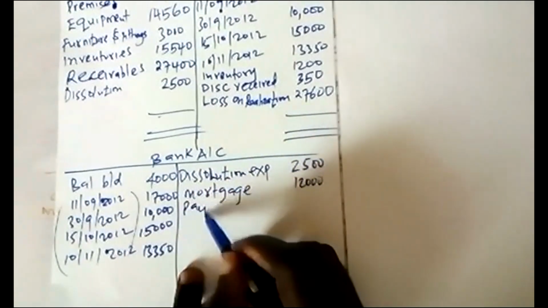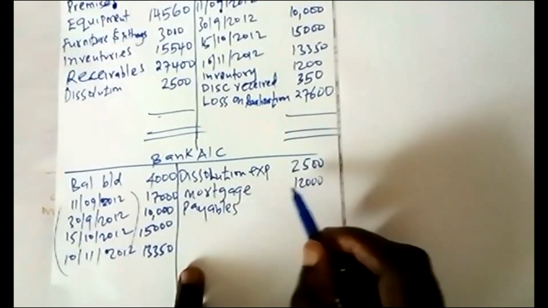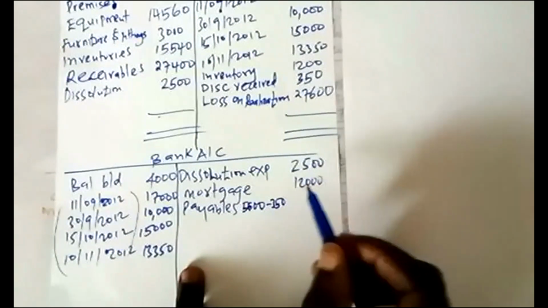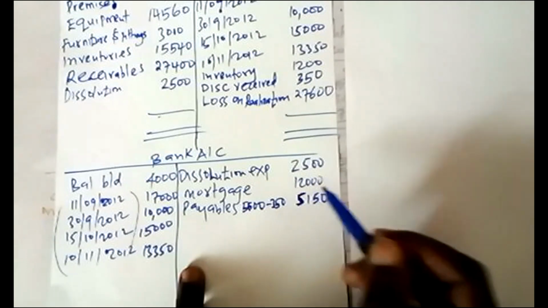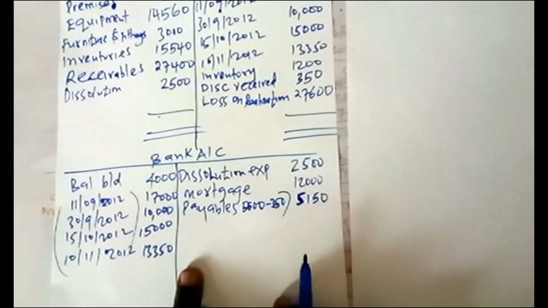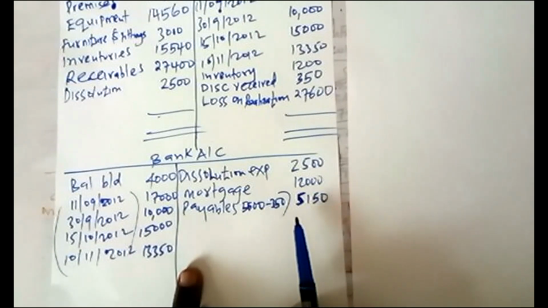They paid payables, of which they paid at a discount. It was 55, but they paid at a discount of 350. That's why it remains 51.50. There was a discount there. And remember, we have credited our realization with the same.